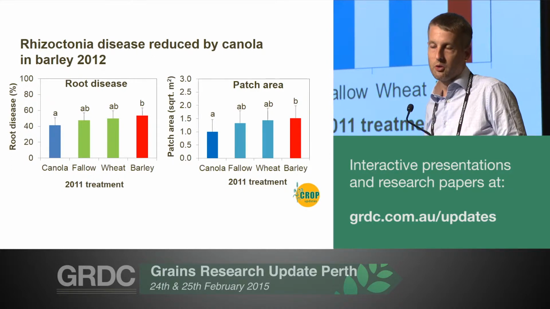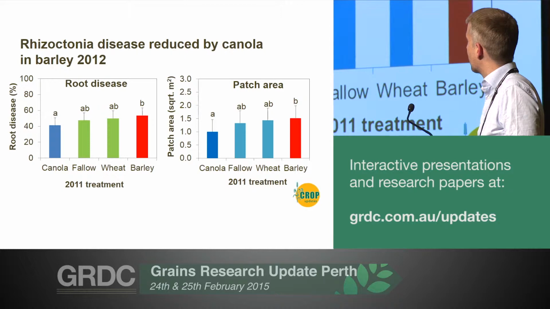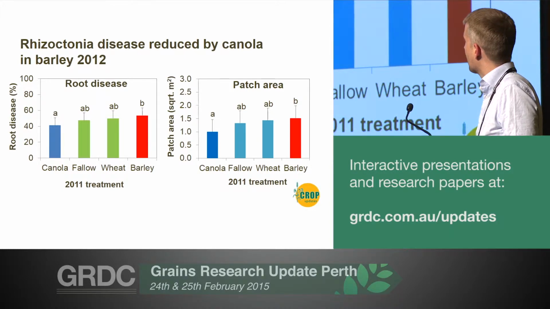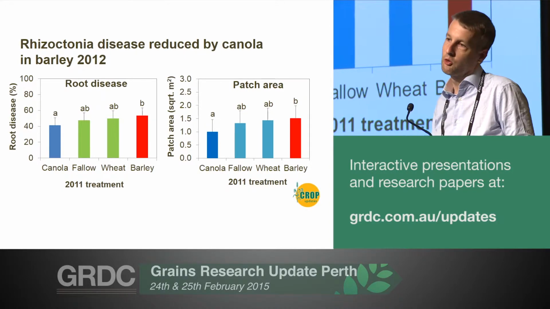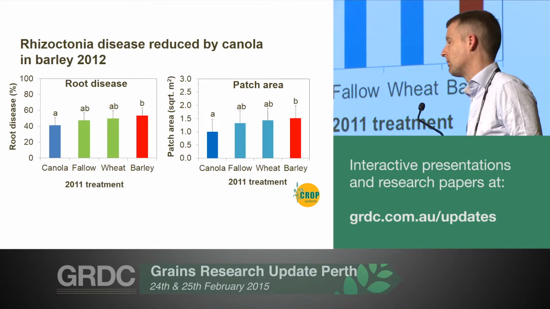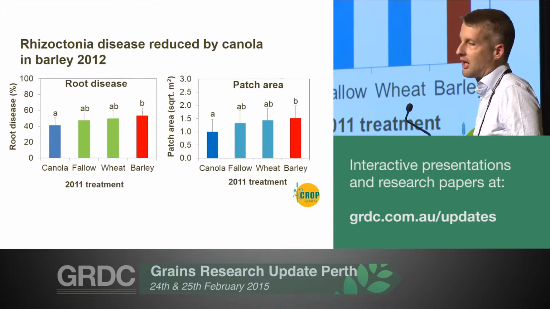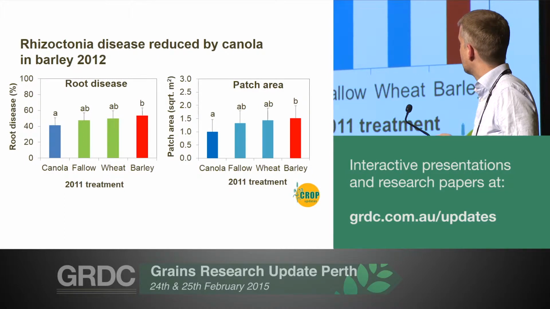Certainly when we looked at the roots, you can see a significant lower root disease in the canola plots. So this is looking at roots of barley. Okay, so in 2012 we pulled up the barley plants and looked at the roots in relation to the treatment from 2011. So that was significant compared to the barley.